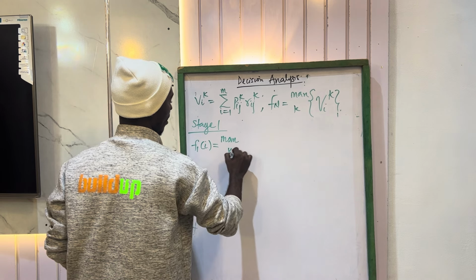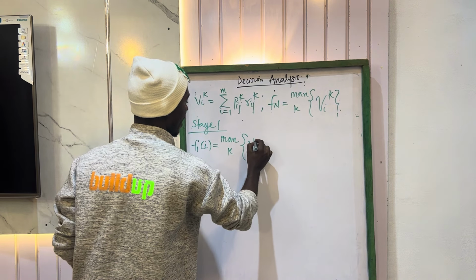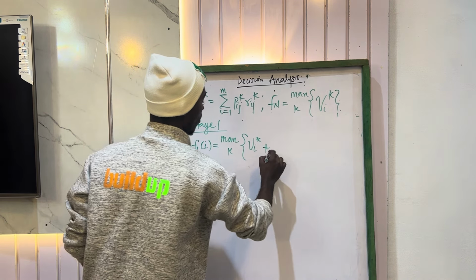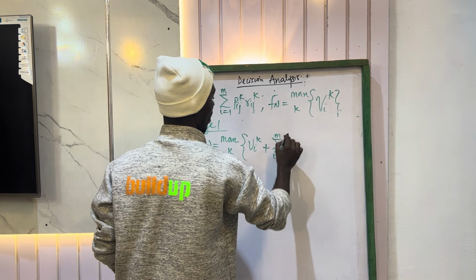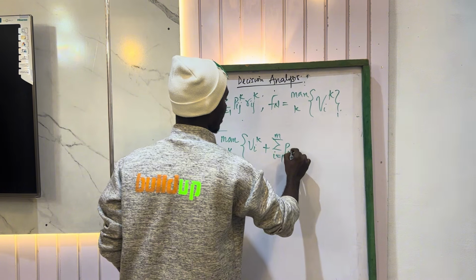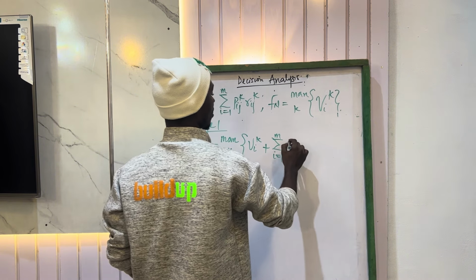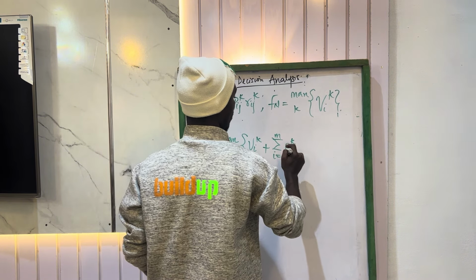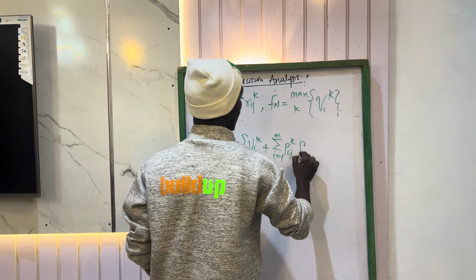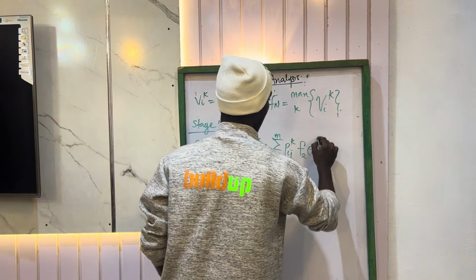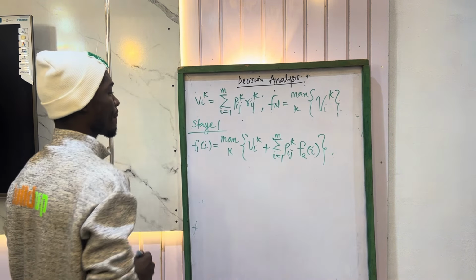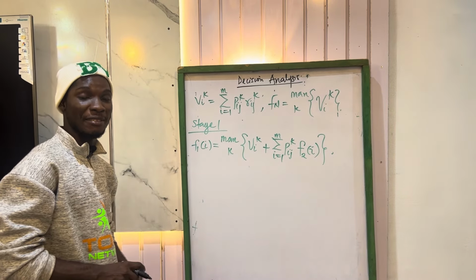Max over K of V_I^K plus the summation over j equals 1 to M of the probability P_ij of K times the previous function we got, which was F2 of j. This is the formula we're adopting.